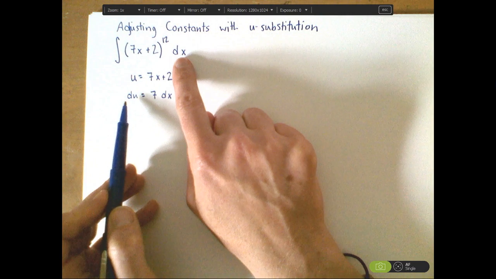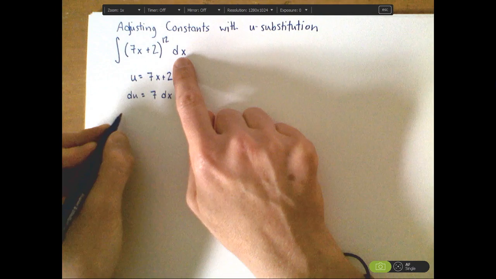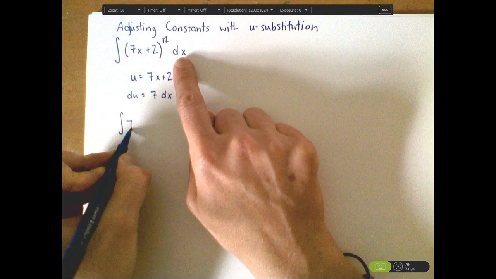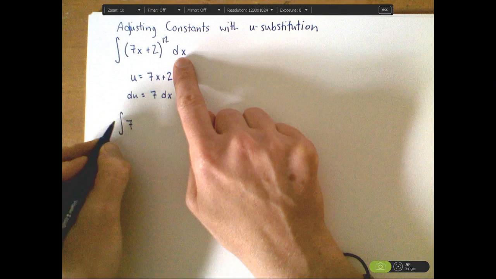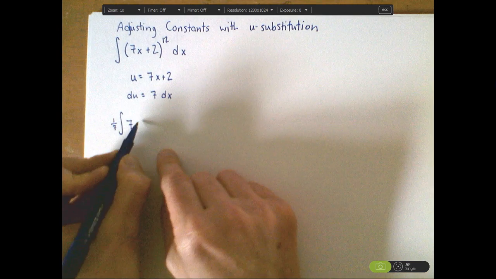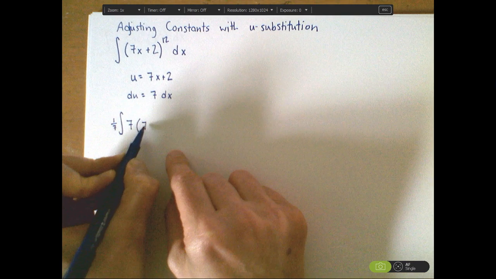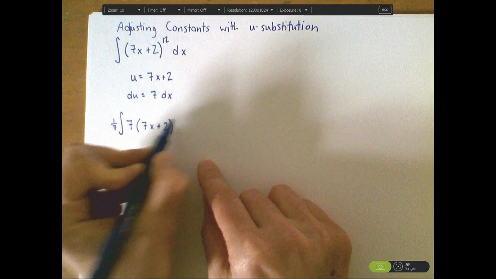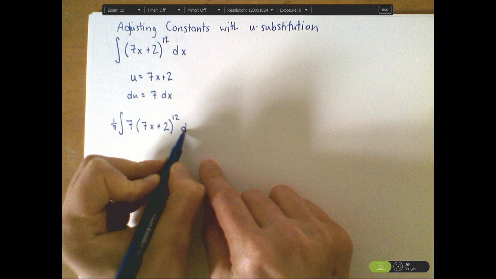In order to deal with this, an easy way is to just multiply by a clever version of 1. So I'm going to multiply this integral by both 7 and 1/7. That doesn't change the value of the integral, but it does create the value that we need to be able to convert our dx into a du.